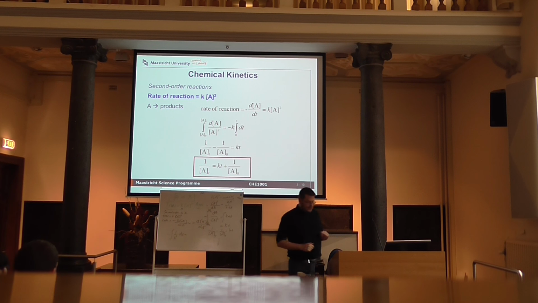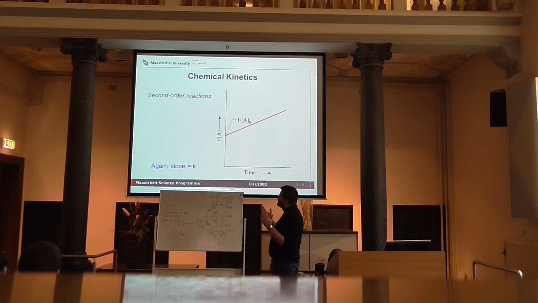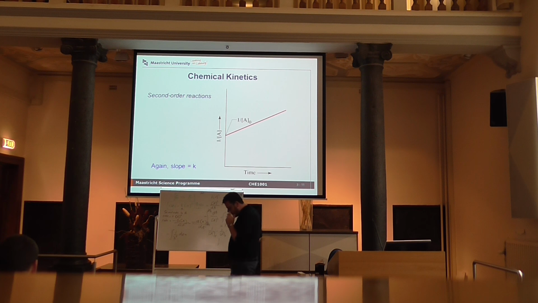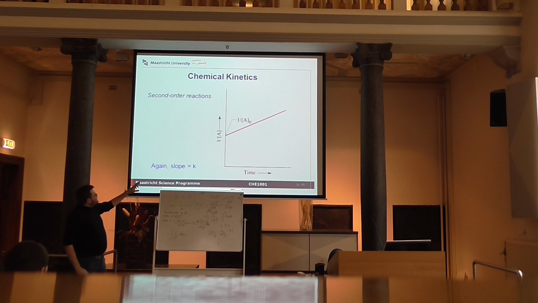You know it's a second order reaction by looking at the data. If you go into a laboratory and you have an experiment going on, and you determine the concentration as a function of time, and you plot it in this way, you get a straight line, you know that's a second order reaction.